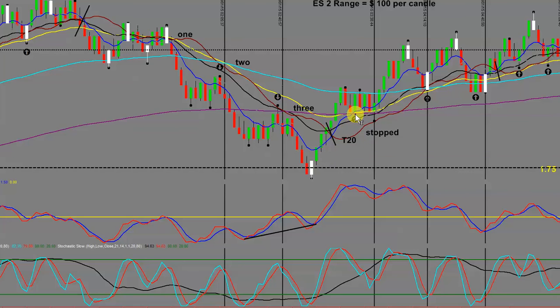Here we had, and let me just point this out, here we had a T25, and you were stopped on that trade, and the reason being your stop would have been 2 ticks below, which would have made your stop at $125. But this one stopped this out because it ticked down 2 ticks, it stopped you.